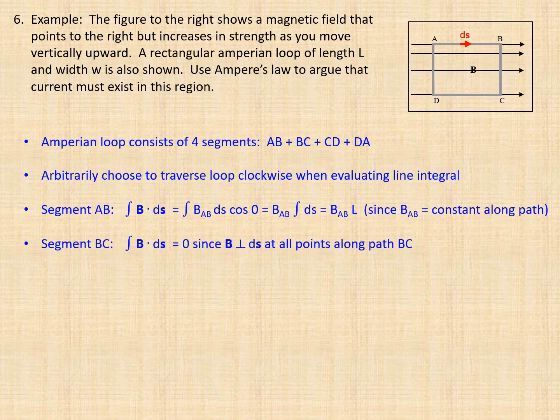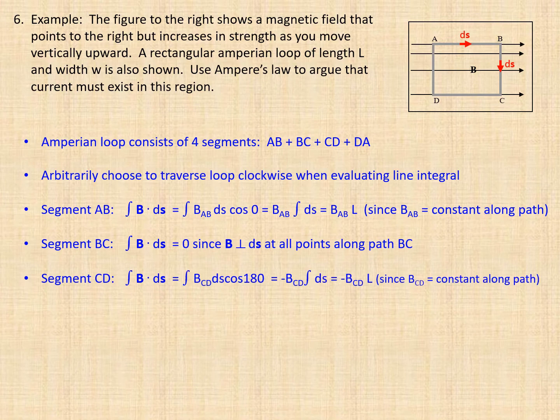For the next segment, BC, we note that the magnetic field is perpendicular to ds. And since the cosine of 90 degrees is 0, the line integral has a value of 0 as well. For segment CD, the magnetic field and the infinitesimal displacement vector ds are antiparallel, making the argument of the cosine function 180 degrees.